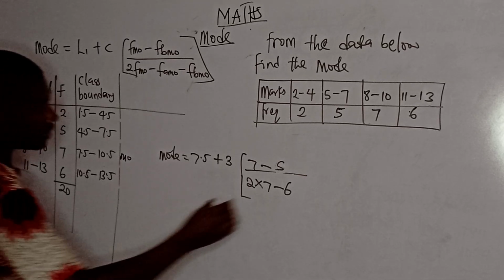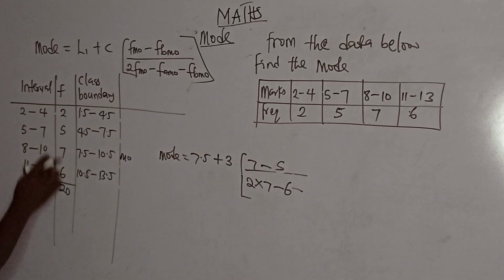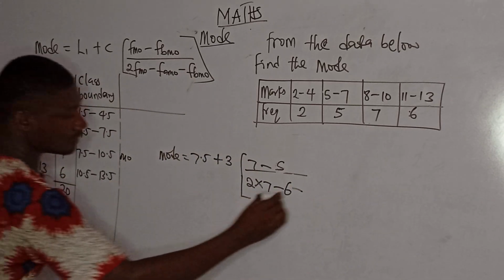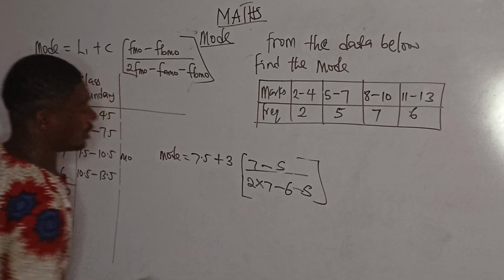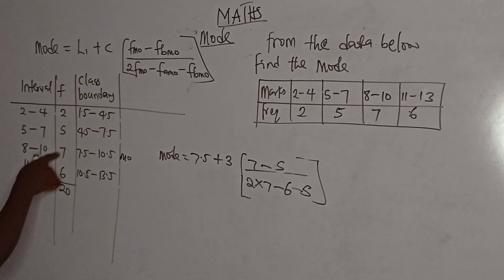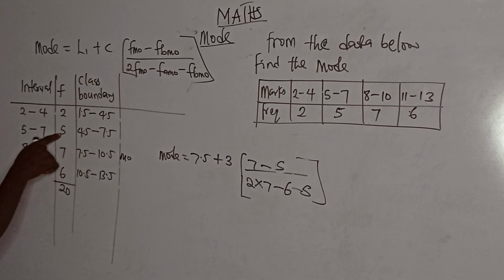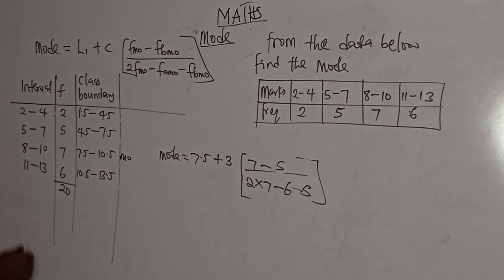So minus frequency before, that is 5. Because the frequency of the modal class is 7, the frequency before the 7 is 5, and after the 7 is 6.